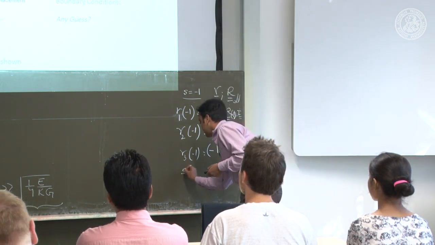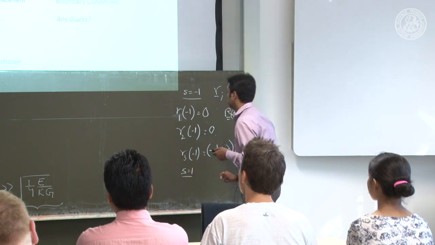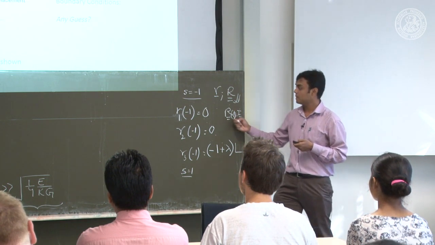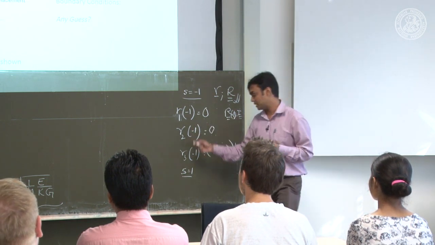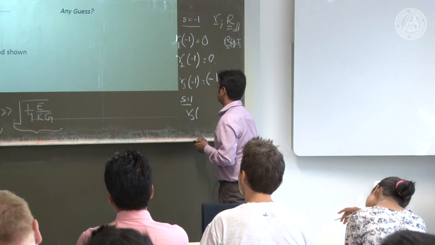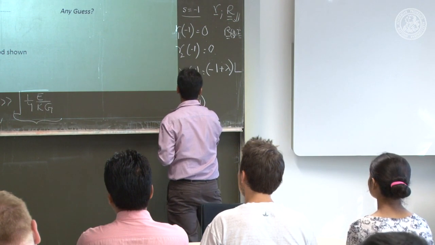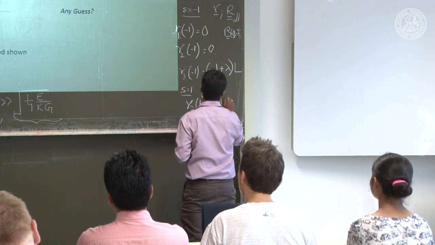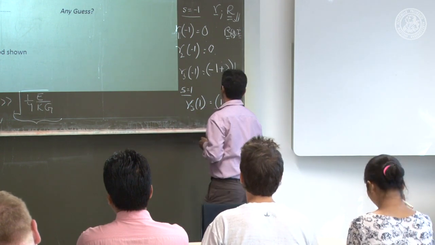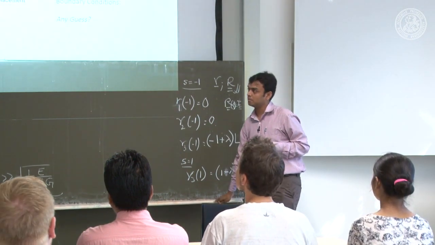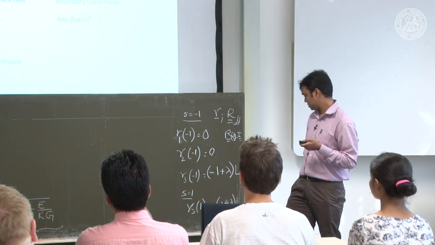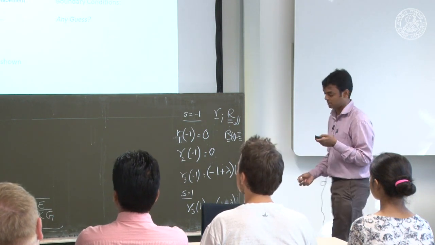And then similarly for s equal to 1, capital R would be identity, r1 and r2 would be 0, but r3 would be 1 minus lambda, because the length is decreasing.